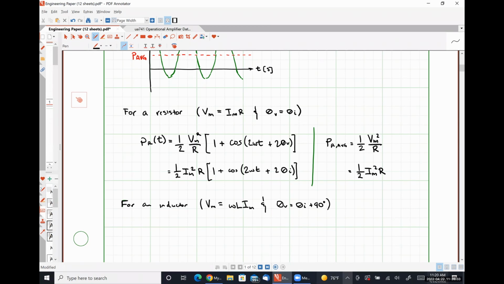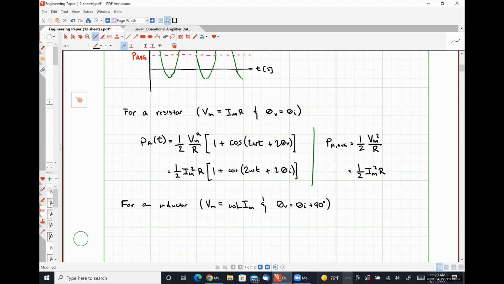Those relationships, again, came from our discussion of the phasor or frequency domain relationships between voltage and current for our standard passive elements that we did just before the Easter break. Okay.